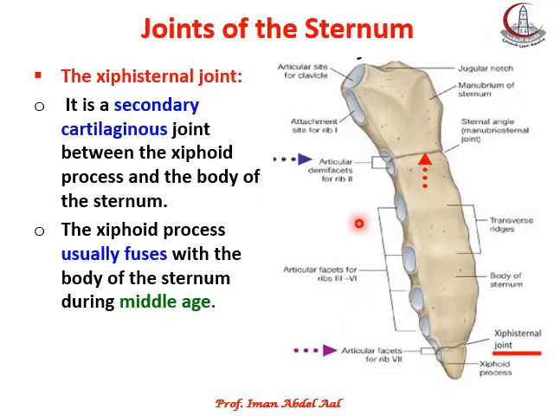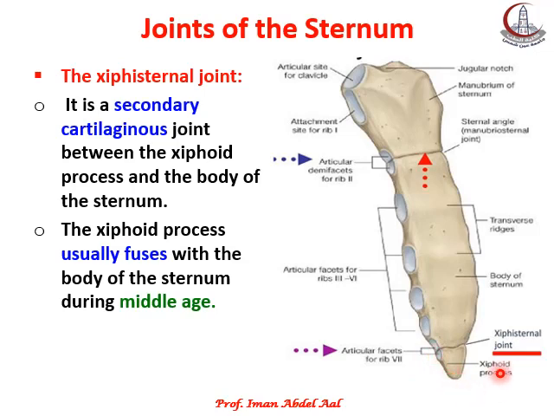The second joint is the xiphisternal joint. If you look at this picture, this is the body of sternum, this is the xiphoid process. This joint is also a secondary cartilaginous joint. It lies between the body of the sternum and the xiphoid process.